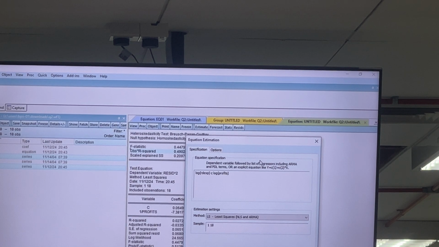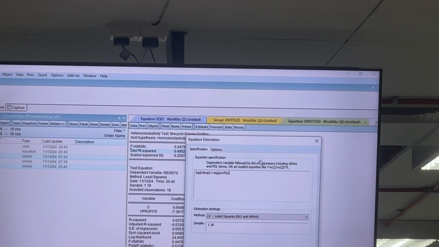But in interpretation, you have to be careful. Because using the double log model, you cannot interpret as usual. You have to interpret as elasticity, in percent. So when profit increases 1%, the R&D expenditure increases by how many percent?